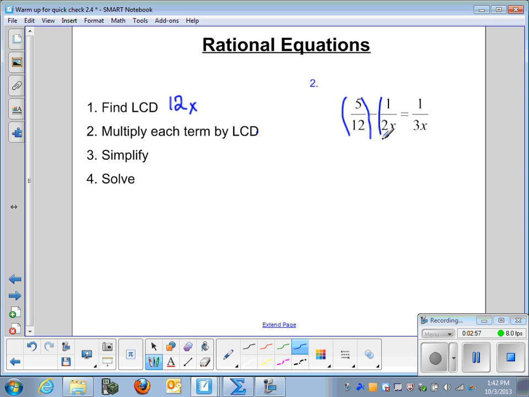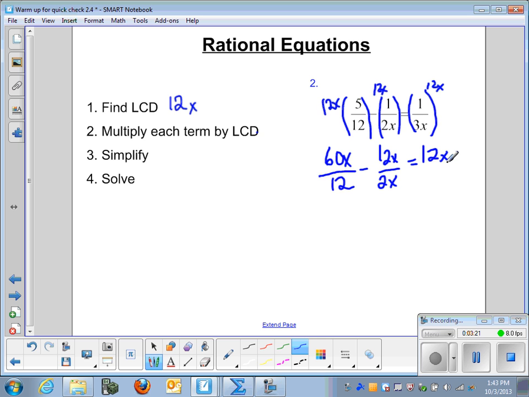Now we're going to multiply each term by 12x. 12x times 5 is 60x, minus 12x over 2x, 12x over 3x. So we've multiplied each term by the least common denominator.